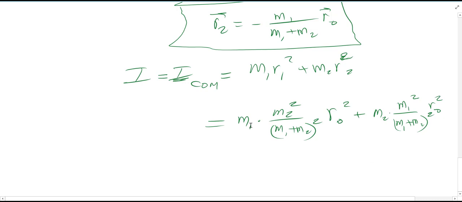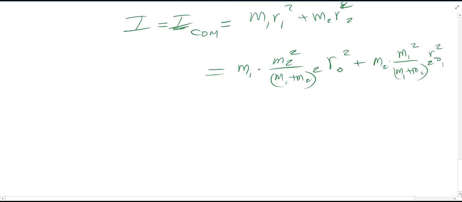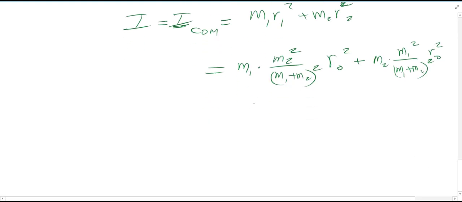I'm going to take M1 times M2 as a common factor, so I will be left with an M2 plus M1 divided by M1 plus M2 squared. So one of those squared in the denominator will cancel the numerator, and all I'm left with is just M1 M2 over M1 plus M2 times R0 squared, which is just how I define the reduced mass times R0 squared.